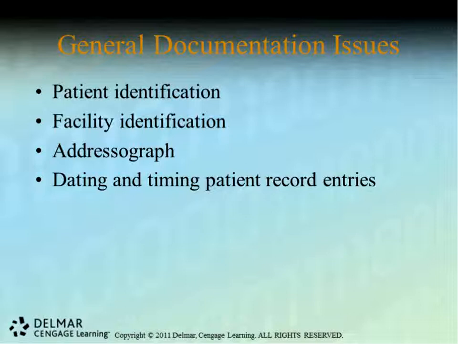Your book also brings out an important point when you have, say for instance, very famous individuals who are admitted into a facility and they want to go by an alias. This is fine. This can occur. However, you're going to maintain their official name in your master patient index.